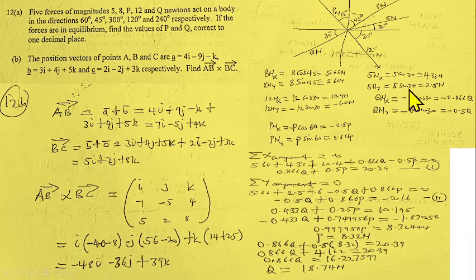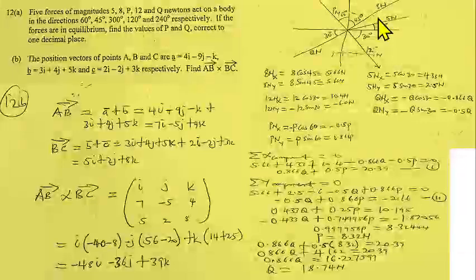If you resolve it along the y-axis, you have 8 sin 45 degrees, which gives us the same answer. Then the 5 Newton force along the x component will give us 5 cos 30 degrees, 4.33. And along the y component, you'll have 2.5 as well.